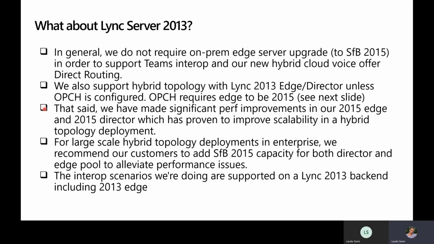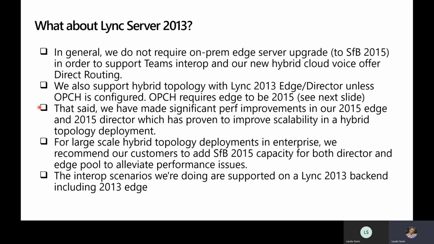That said, we made significant improvements performance-wise in 2015 Edge and 2015 Director roles. And think of the scenario that you are a large organization and you migrate users gradually to Teams. At some point, 50% of your users will be using Teams only as their only UC client, and 50% of the users will be still on premises using Skype for Business.